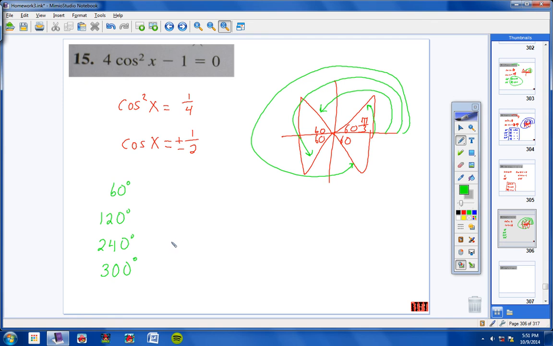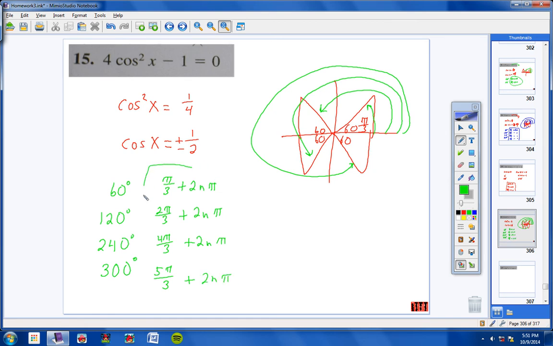Now let's quickly convert all these over to radians. 60 would be pi over 3 plus 2 n pi. 120 would be 2 pi over 3 plus 2 n pi. 240 will be 1 1/3, so 4 pi over 3 plus 2 n pi, and this would be 1 2/3, so 5 pi over 3 plus 2 n pi.